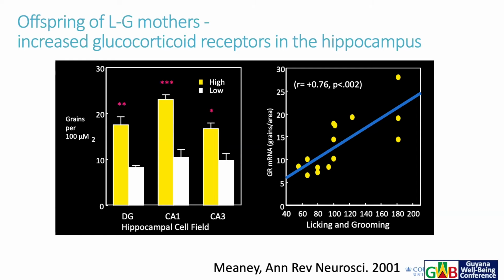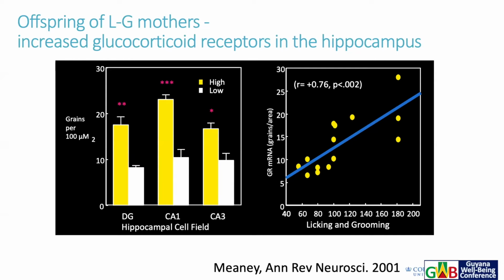So there is an increased number of glucocorticoid receptors, actually the other way around. The mothers who lick and groom a lot have pups with higher glucocorticoid receptors in the hippocampus, which is the region that is particularly important to shape emotions and also to control the secretion of cortisol.